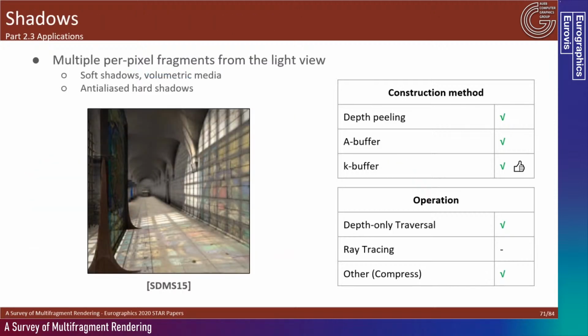Another important application that the research community has focused on is shadow rendering. For example, storing multiple levels of occluders on compact buffer representations as they are rendered from the light source can enable various effects, for example soft shadows with varying penumbra filters, the simulation of volumetric media, or the rendering of semi-transparent surfaces.